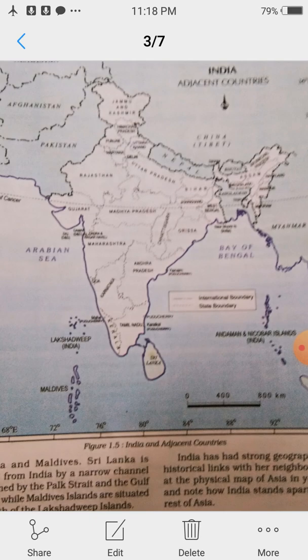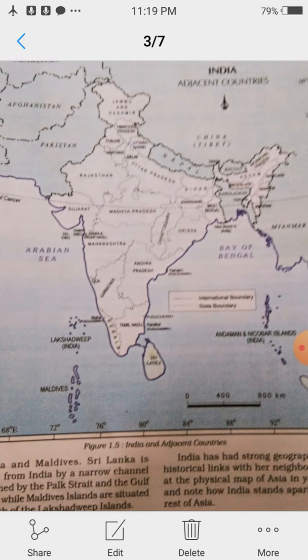The Indian landmass has a central location between East and West Asia. India is the southward extension of the Asian continent. India lies in the Asian continent, but which part? That is the southward direction.